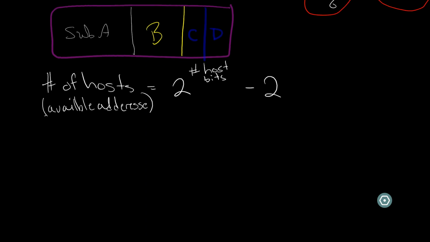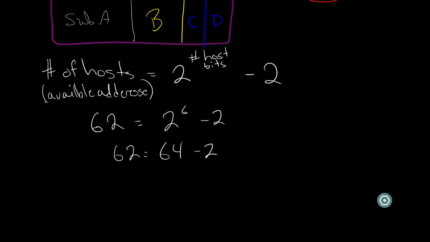So in this particular case, we're looking for 62 hosts, and we know that 2 to the power of 6 will give us 64. So 62 is 64 minus 2. In this particular case, it works out exactly. If we were looking for a network that, for example, only needed 50 hosts, we'd still have to use 6 host bits.